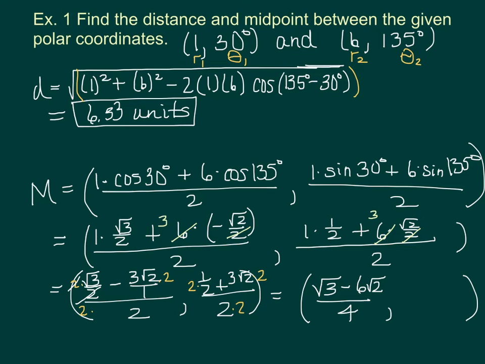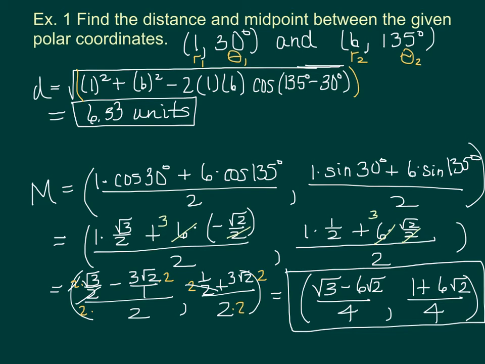And then my y-coordinate will be 1 plus 6 radical 2 all over 4. So sometimes they're not going to come out nicely. But just make sure you don't have a fraction over a fraction.